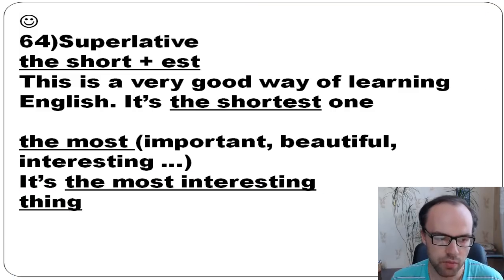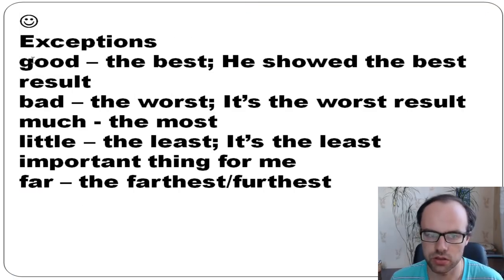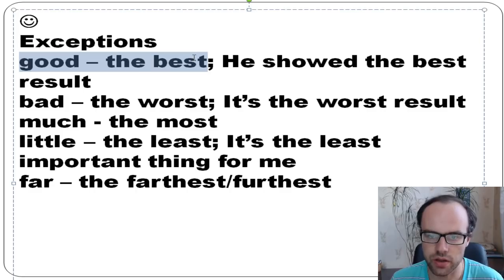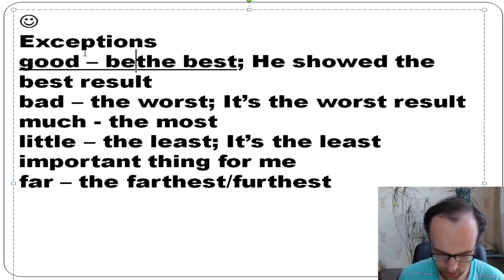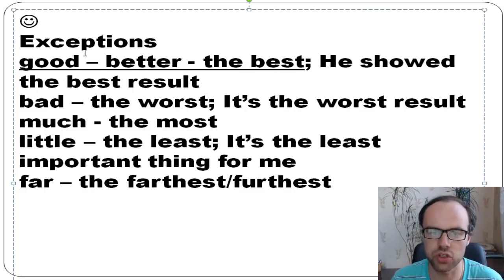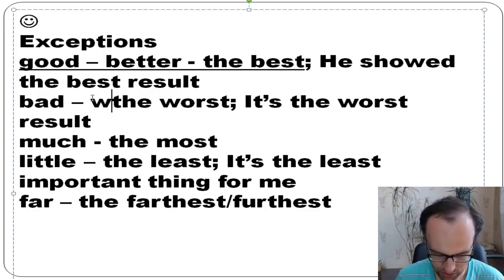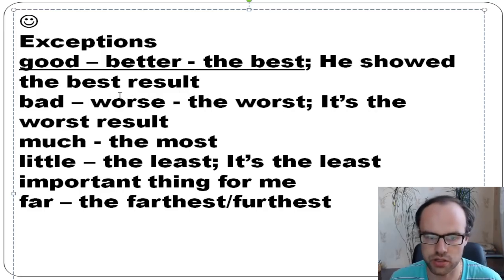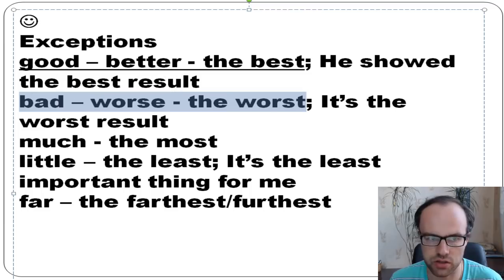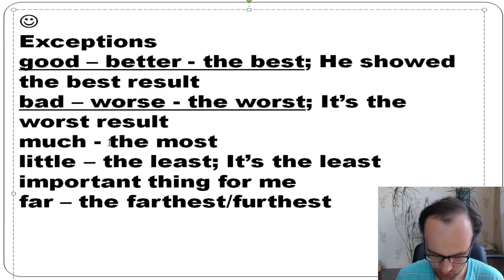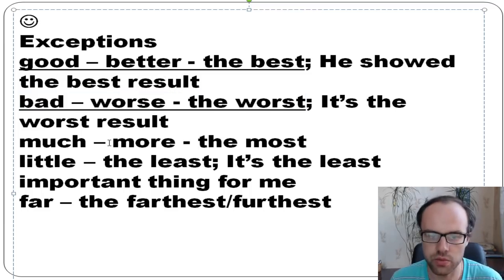Okay, but you know, there are some exceptions. Look, good, the best. He showed the best result. Good, better, the best. Bad, worse, the worst. It's the worst result. Much, more, the most.